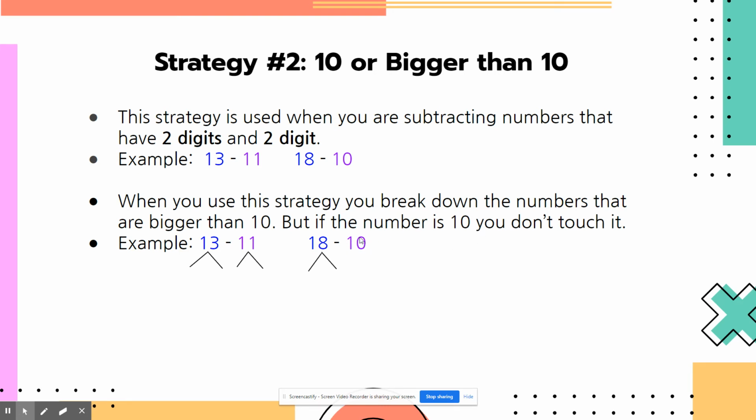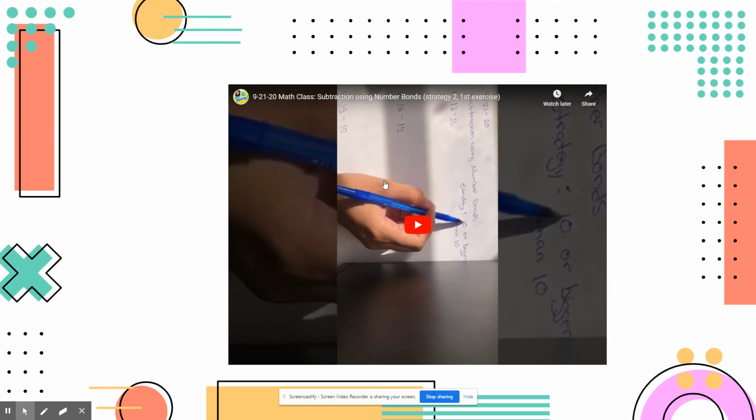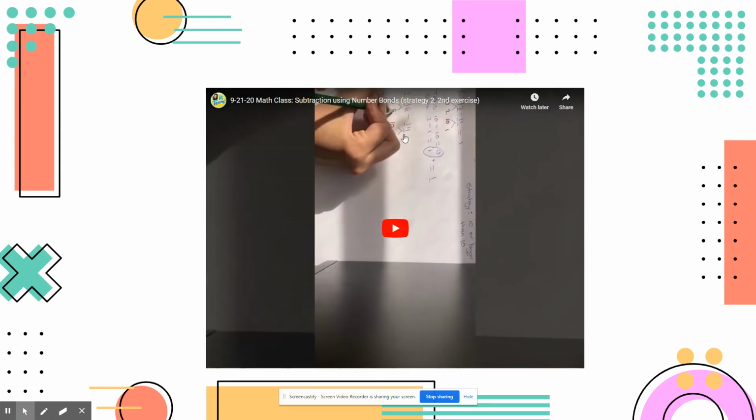I explained this in the videos, so you can go to the next slide and you can watch the videos. This is video number 1 for the second strategy because I'm solving exercise number 1. This is video number 2 for the second strategy because I'm solving exercise number 2. And then this is video number 3 for the second strategy because I am solving exercise number 3.